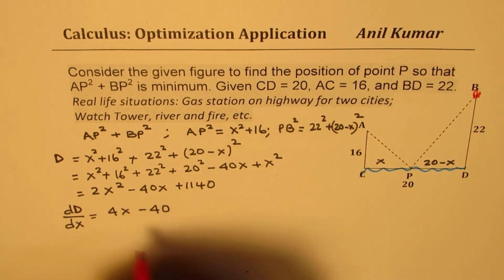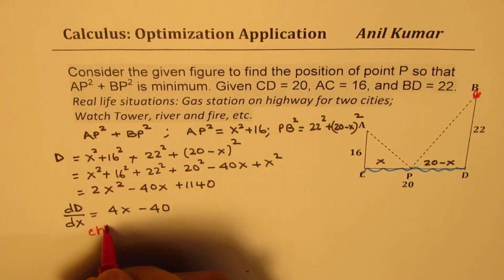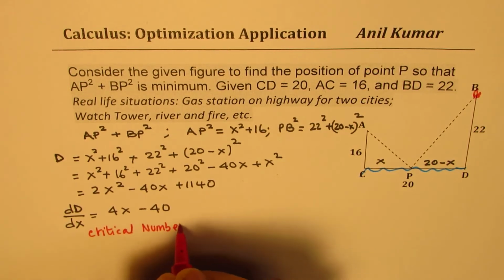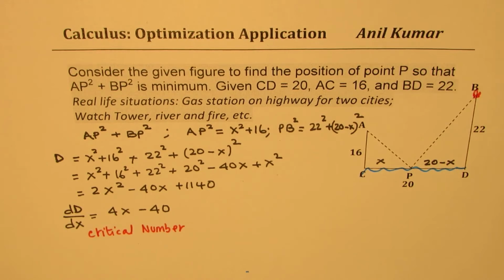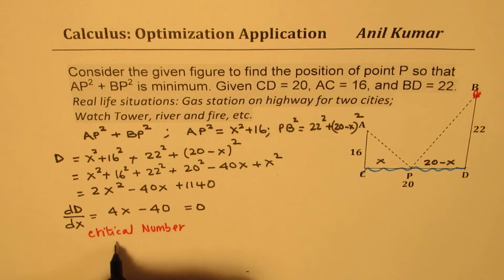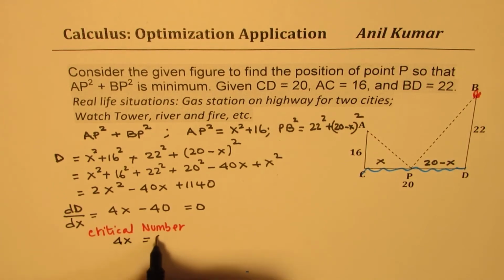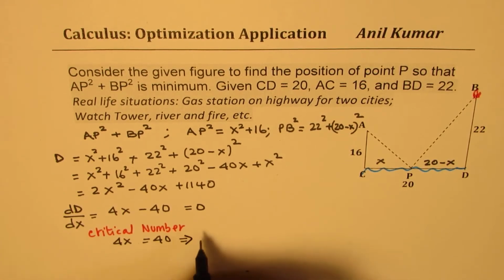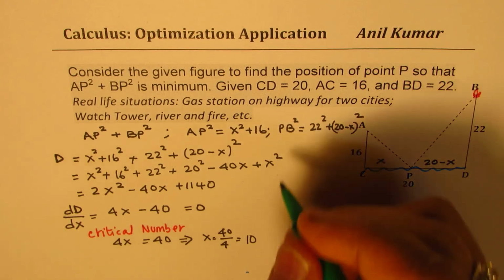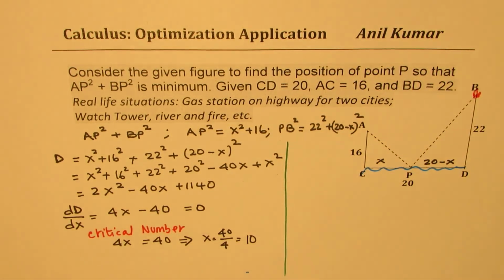So for critical number, this should be equated to 0. So that means 4x equals to 40, or x is equal to 40 over 4, which is 10. So we get the value of x as 10. So that could be one of our answers, right? So that is the critical number.